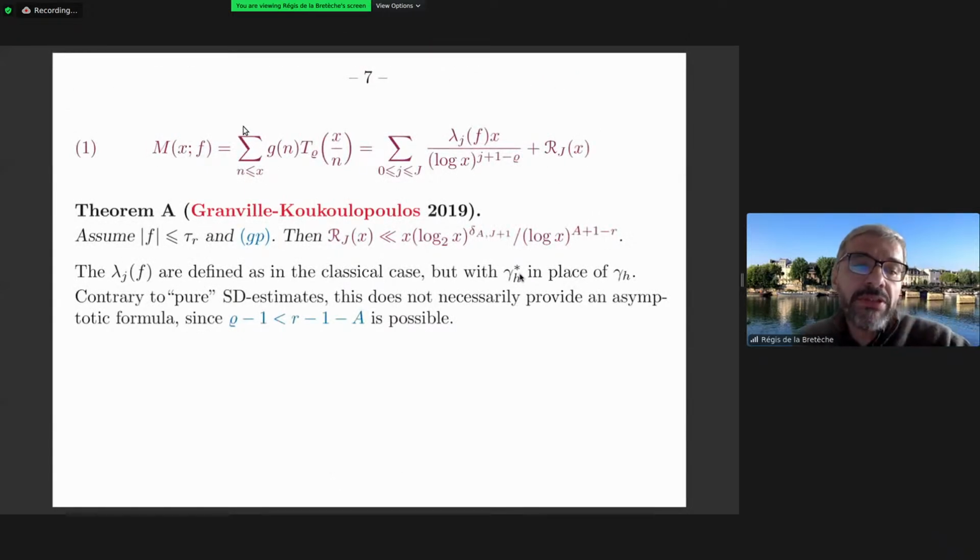So contrary to the pure Selberg-Delange estimates, this does not necessarily provide an asymptotic formula, since rho minus 1, which is the exponent of the main term in the Selberg-Delange result, can be less than r minus 1 minus capital A. So in fact, if you assume that the real part of rho is strictly less than r, and that A is very small, then this relation is possible.